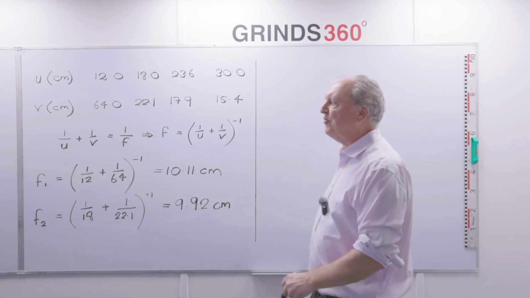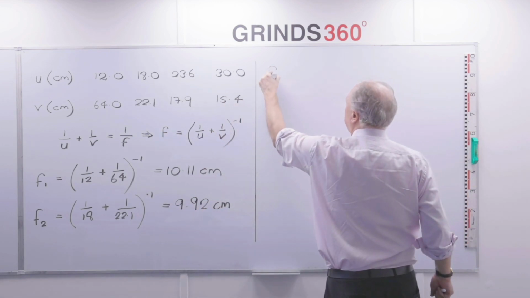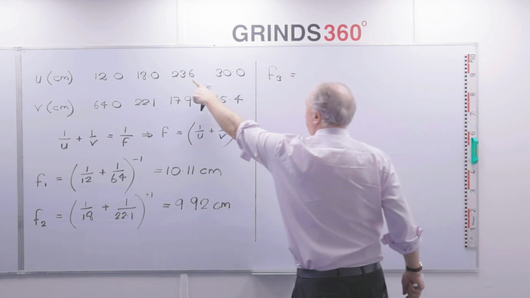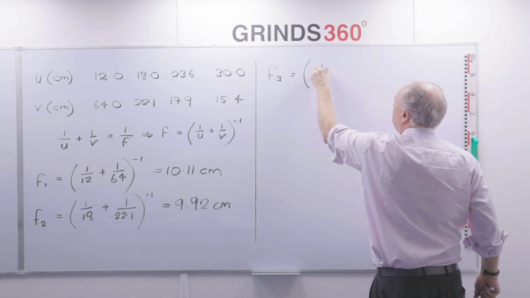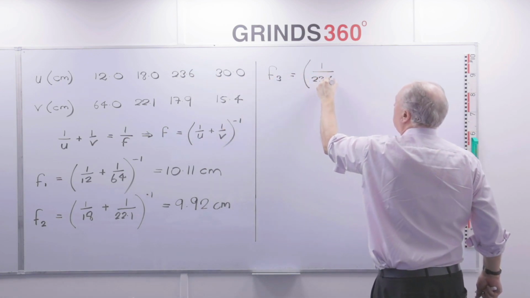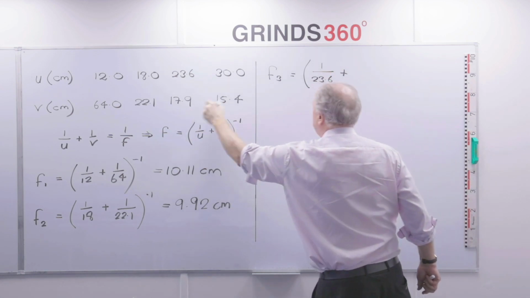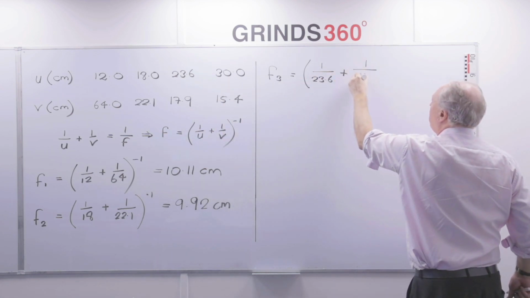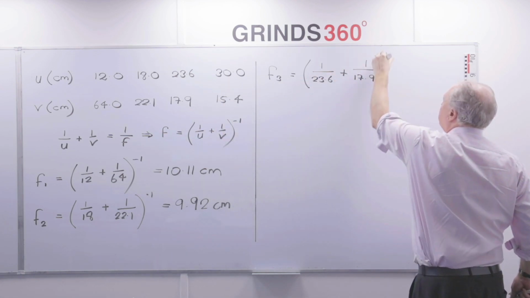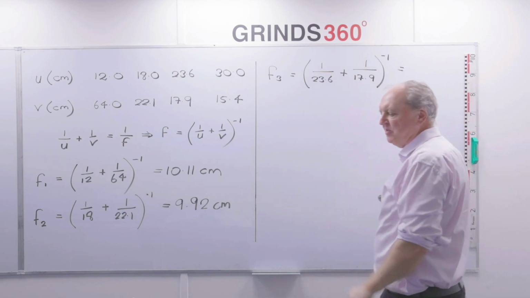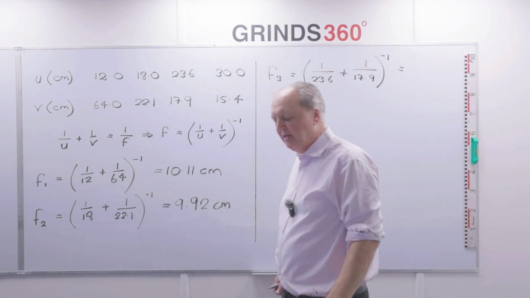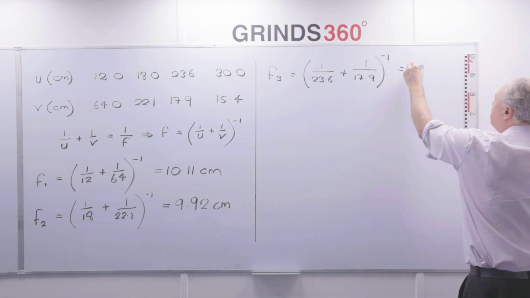Then I'm going to get f3. So my third pair of values is going to be 1 over 23.6 plus 1 over 17.9, to the power of minus 1. You put that into your calculator to 2 decimal places, and I get 10.18 centimeters.